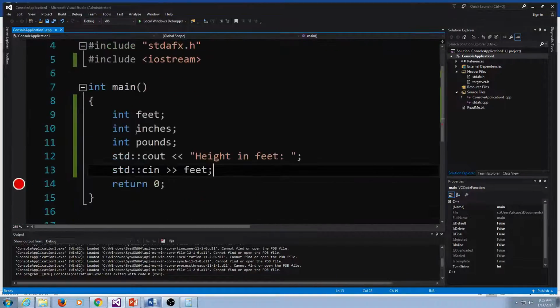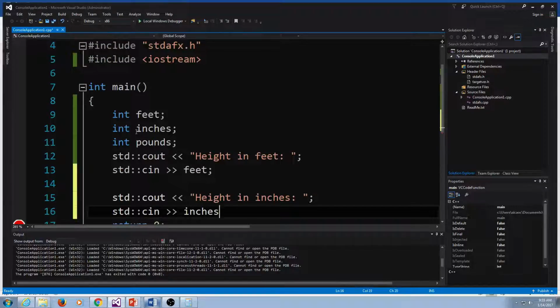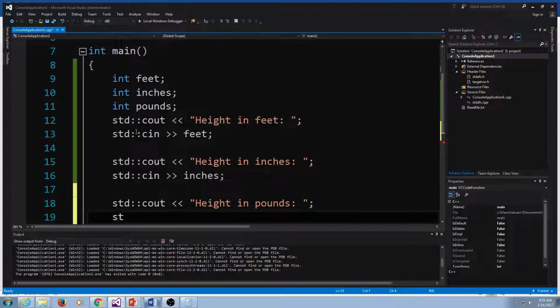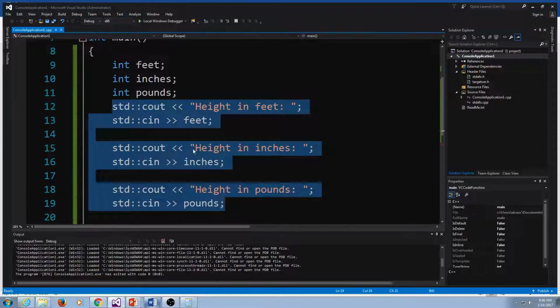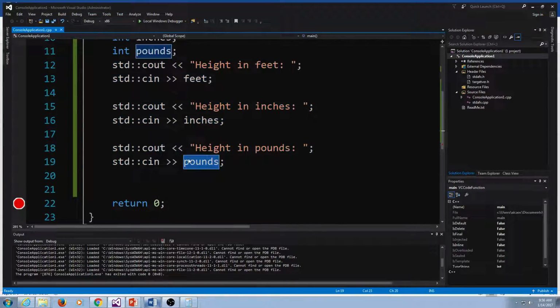Let me make this bigger. Okay, these are the three variables that we're going to start with and ultimately end up with converting into height in meters and then weight in kilograms.